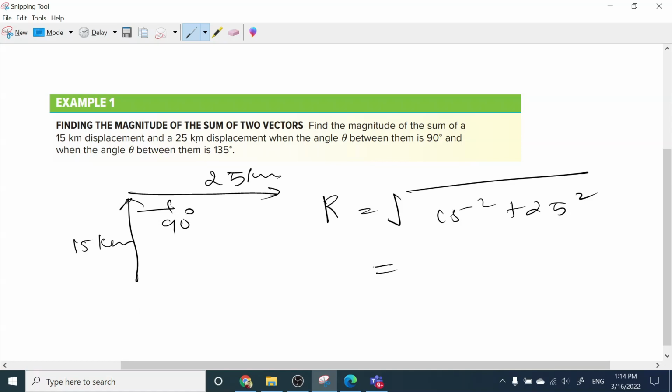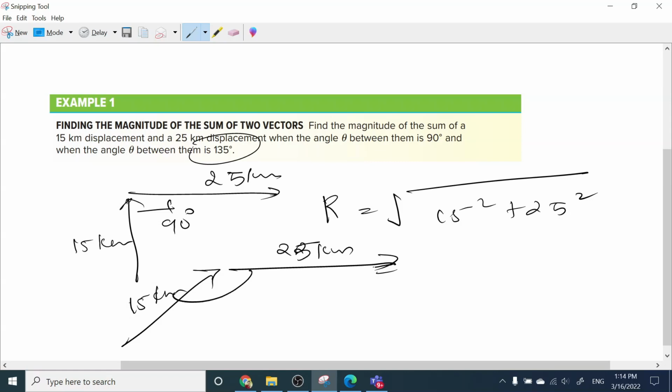Second, if the angle between them is 135 degree, then how to find the resultant? For example, vector A 15 kilometer here and another 25 kilometer like this. And if this angle is 135 degree, then how will you calculate the resultant of these two vectors?